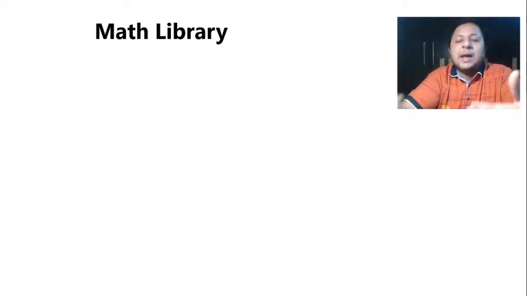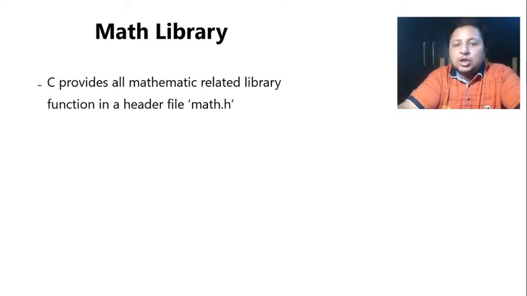Similarly, when it comes to the math library, we have a header file math.h. .h indicates that it's a header file. So all the mathematical functions which are already available with C are stored in this particular header file math.h. When we see the program, you would always see that if I require any of these math library functions, I'll be including this math.h file in my program.